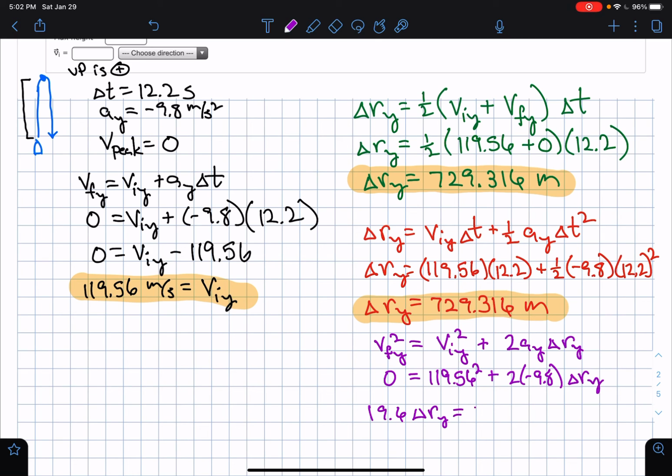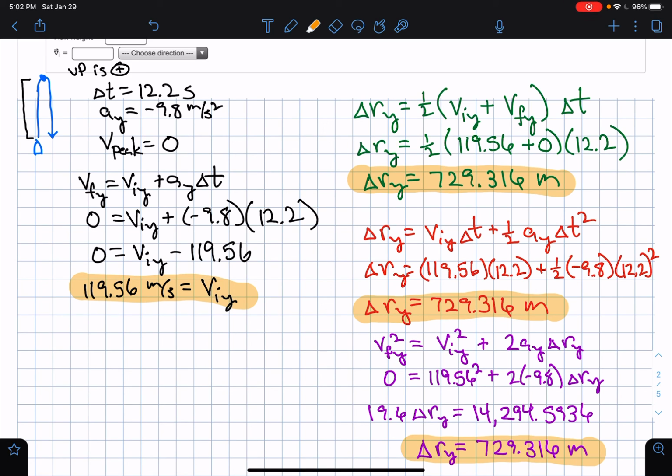That's a big number, 14,294.5936. I divide that by 19.6, and I get 729.316 meters.